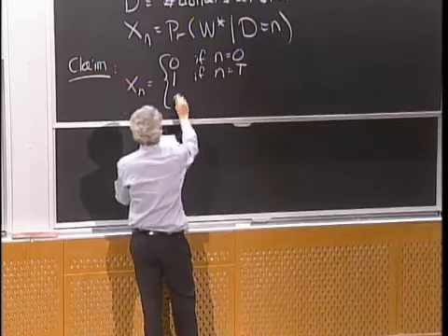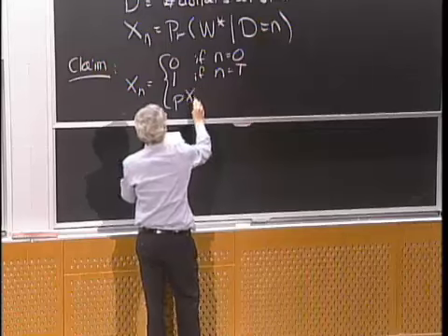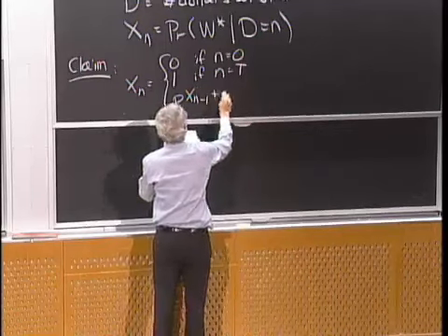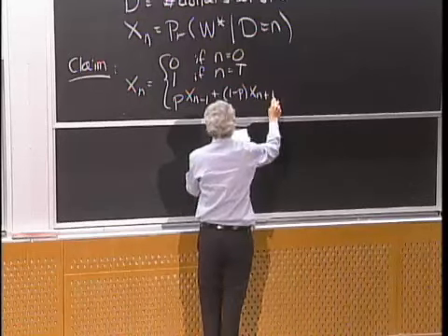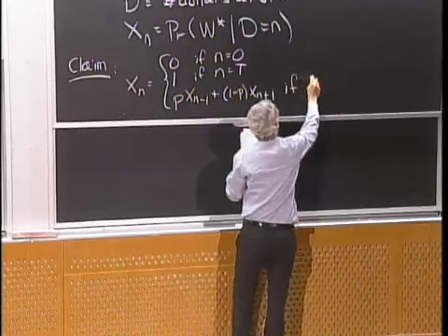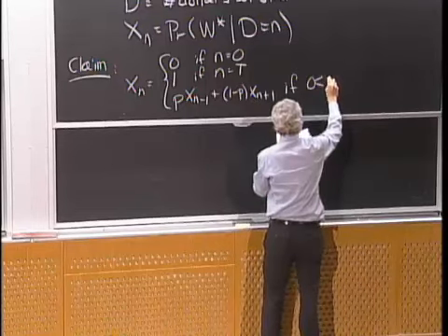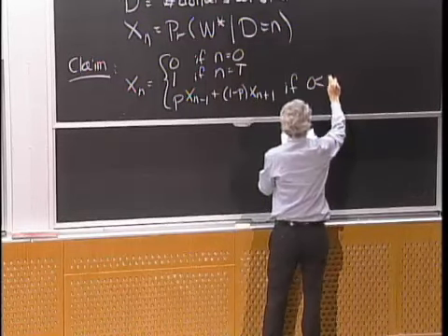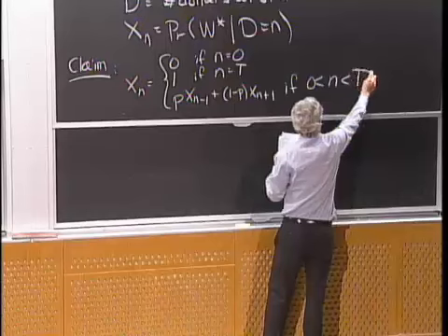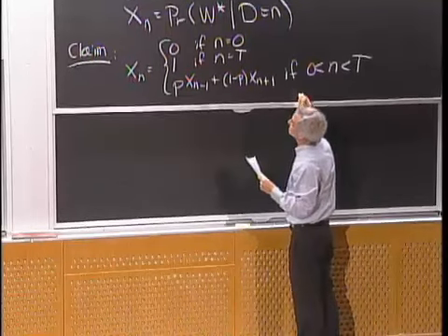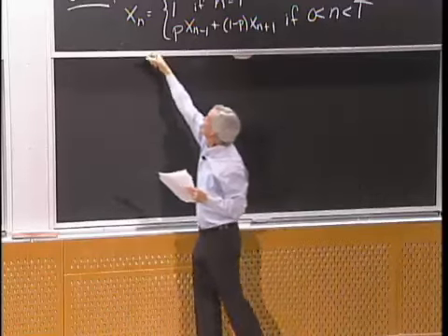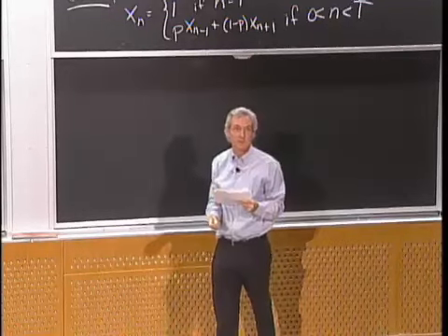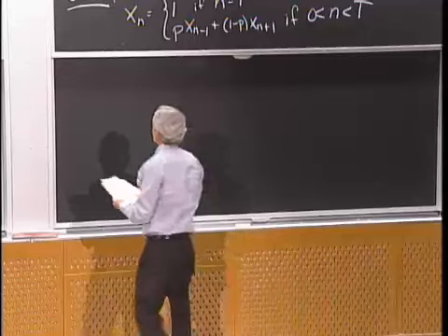And it's p times xn minus 1 plus 1 minus p times xn plus 1 if we start with between 0 and $t. All right, so that's what I claim xn is, and it's, of course, a recursion that I've set up here. So let's see why that's the case.